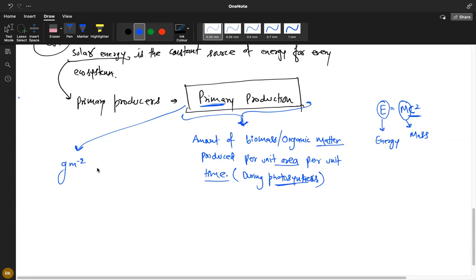So for our studies, we consider annual production of a jungle, of a garden, of a lake, of the earth itself. So gram per meter square, can I write per year? Yes, sir. So this is the unit by which we will measure primary production. Okay.